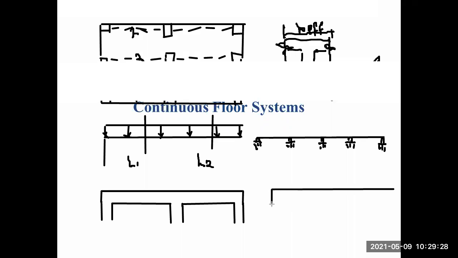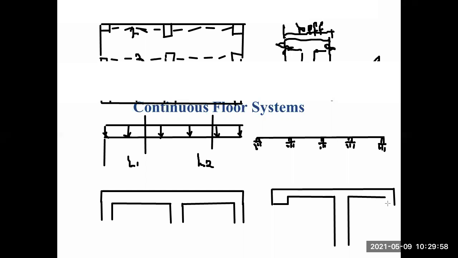I have a spandrel beam at this end, not a column, a spandrel beam or a girder, and at mid, I have a column. It's supported by a column. And the other end is supported by, again, a spandrel beam or a girder, or even if there is no beam, it's possible.